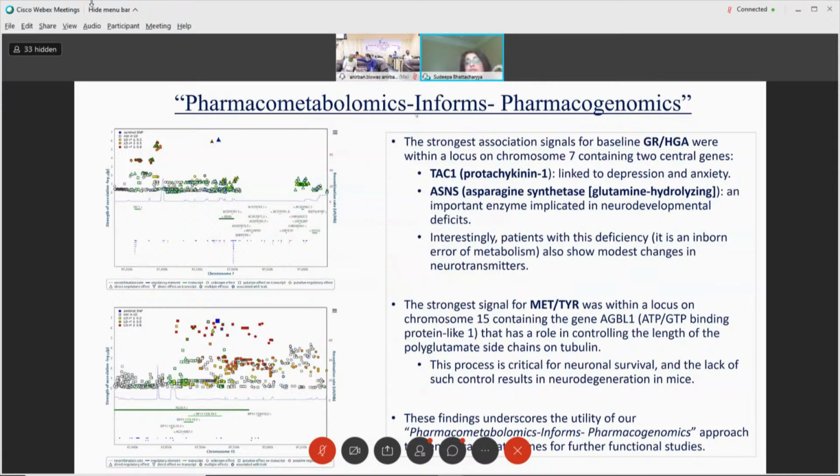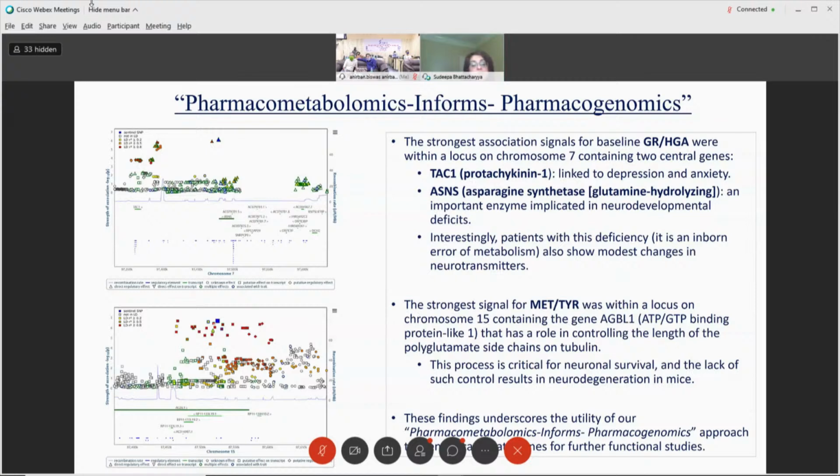The strongest association was found with two genes within the locus on chromosome 7. One was TAP1, which is linked to depression and anxiety, and asparagine synthetase was the other one, which is an important enzyme implicated in neurodevelopmental deficits. Interestingly, patients with this deficiency also show modest changes in neurotransmitters.